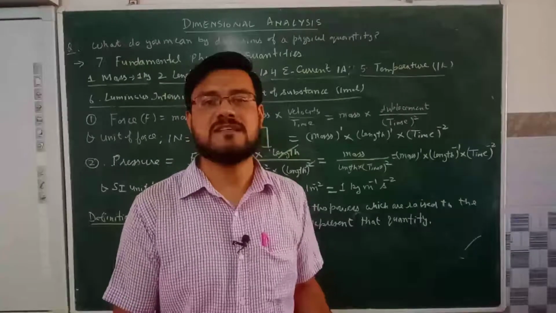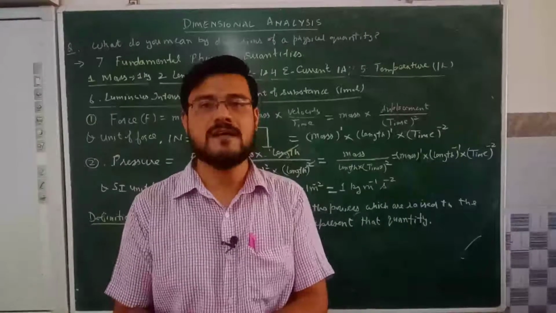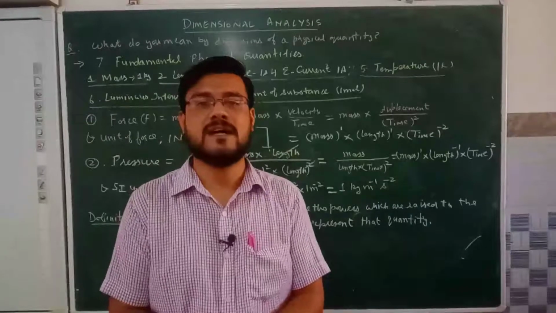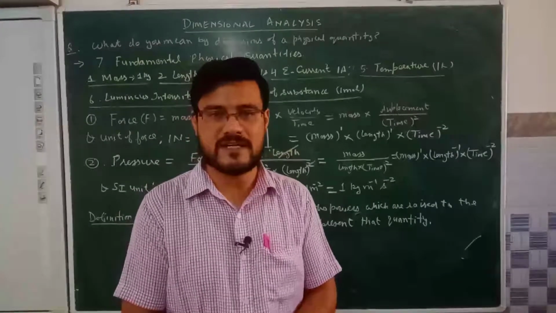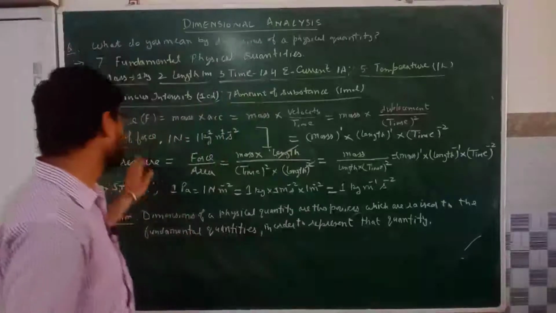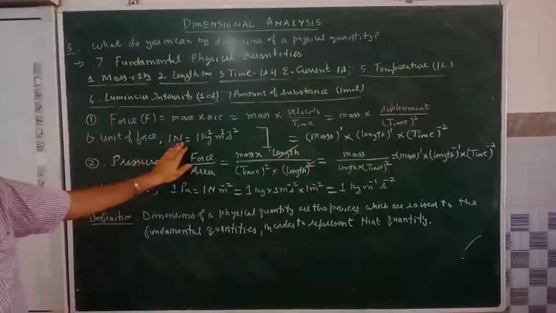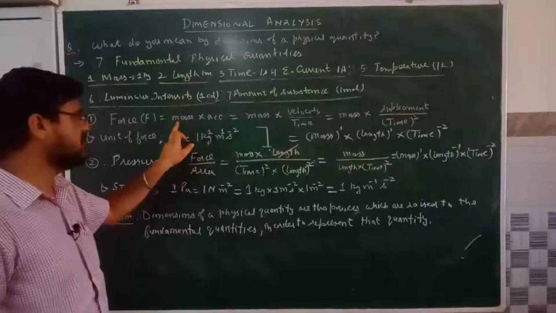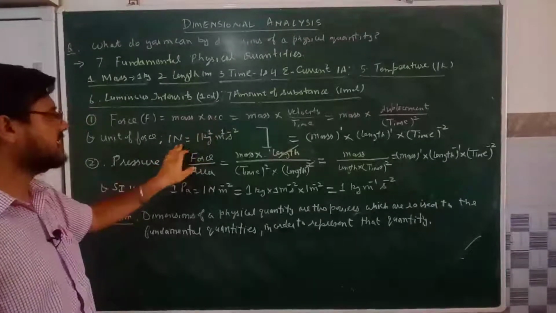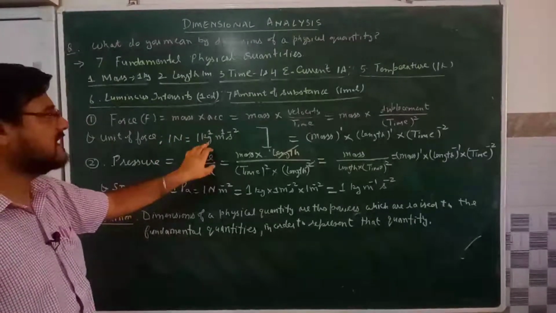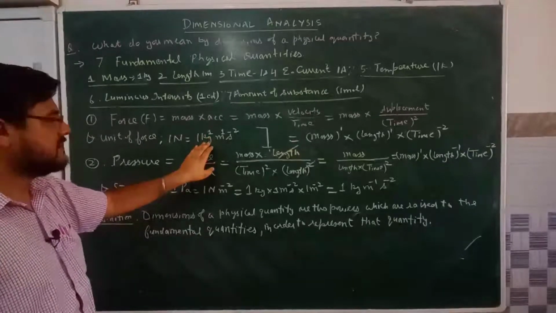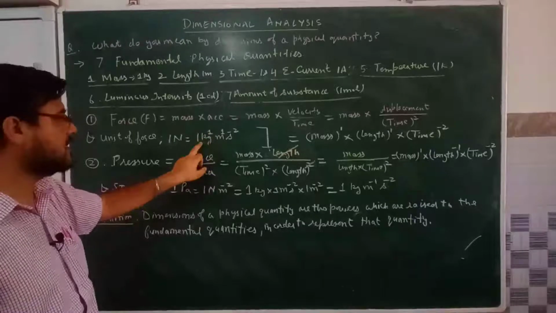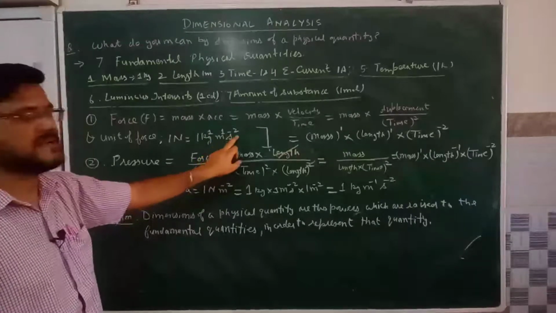We can achieve the same thing not only from the physical quantity, but also from the SI unit of the physical quantity. For example, we know that the SI unit of force is 1 Newton. 1 Newton, which is a product of mass and acceleration, can be expressed in the fundamental SI units as 1 kilogram into 1 meter per second square.